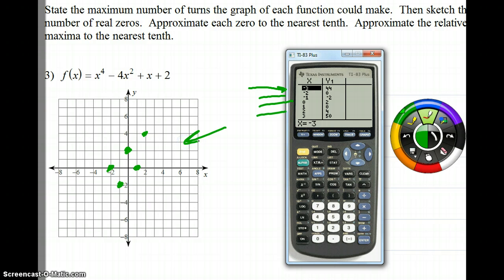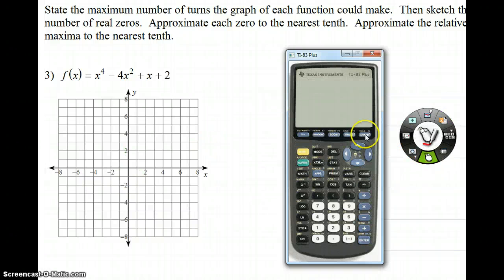So what I would do is go through and plot a couple points. I get those from my second graph, and then go back to my graph and kind of get a look at what that picture is.